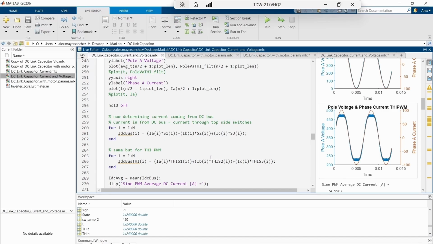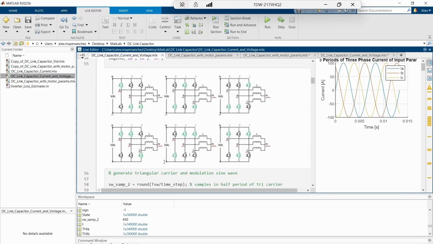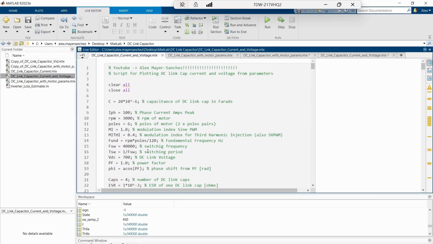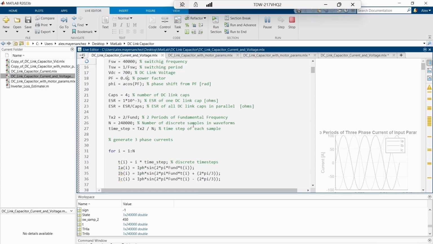And then let's see what happens when we change the power factor to something else. Let's try modulation index 0.8 for both of them, and then power factor of 0.6, and run that.